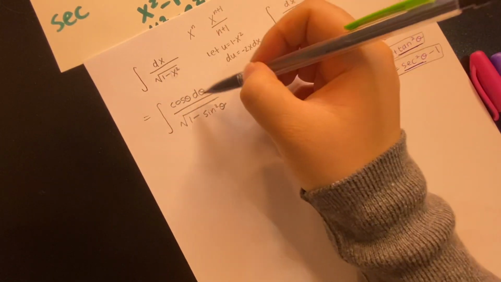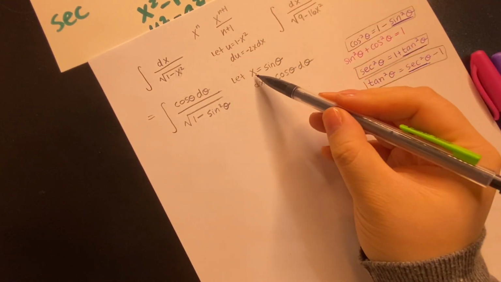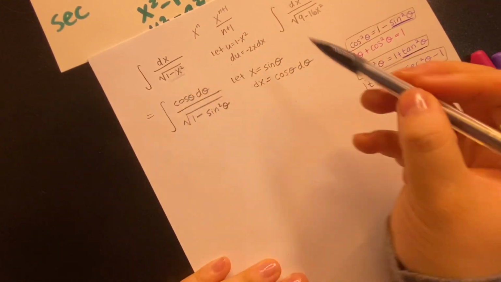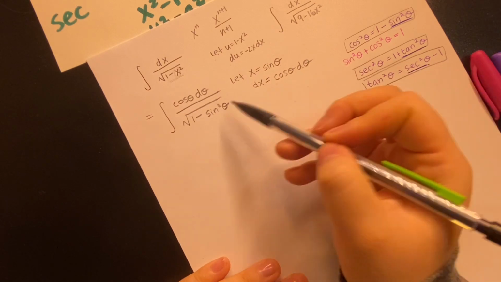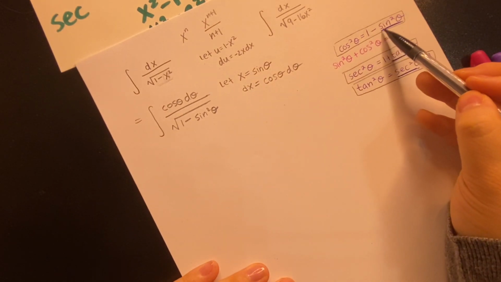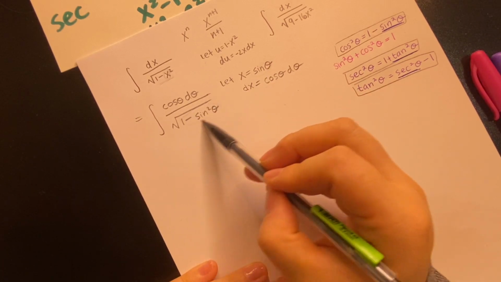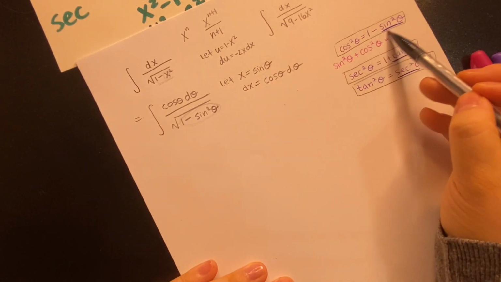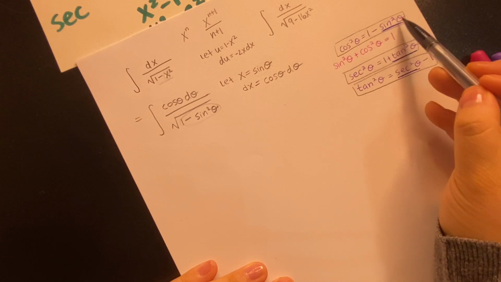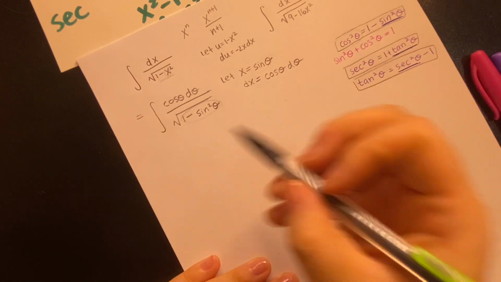Why did we make this into this mess? Because I noticed I had this form, 1 minus stuff squared. If I let that stuff be sine theta, conveniently, this inside piece is now 1 minus sine squared theta, which is cosine squared theta.